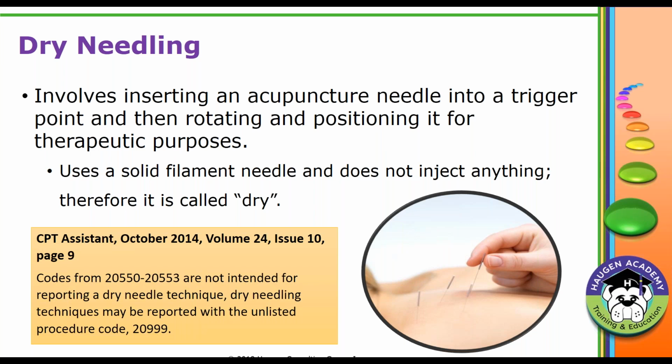Unfortunately, there's not a CPT code for it. And since they're not injecting anything, it's not really a trigger point injection, and that's why it's called dry as well. There is a CPT Assistant that we've listed here that says to report these with the unlisted procedure code 20999.